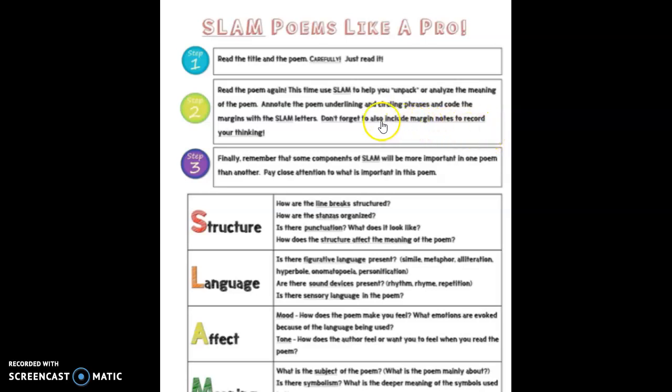We're also going to take notes in the margin to record our thinking. How is it making us feel? How many stanzas are there? How many lines? What is the author's purpose? And step 3, finally, you're going to remember that some components of the slam will be more important in one poem than another. So pay close attention to what is important in the poem.